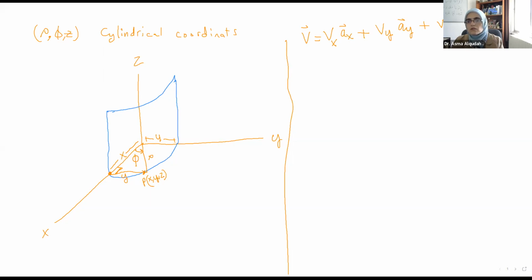We want to transform this vector from Cartesian into cylindrical. It's in Cartesian and it's known for me.